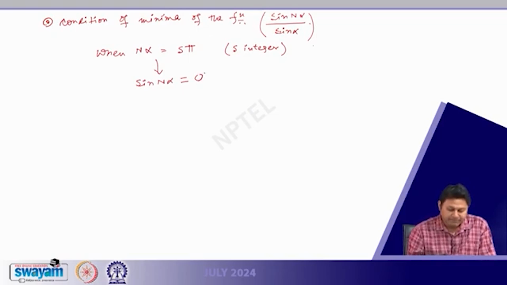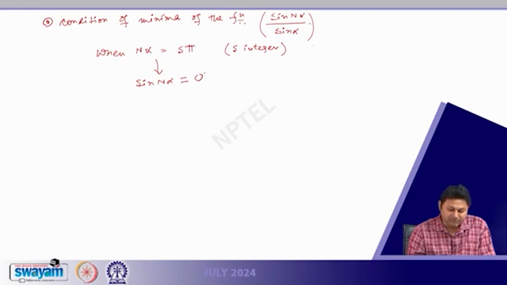Why? Because as soon as s is such that it is a multiple of n, then alpha is an integer multiple of pi, and then the denominator should have an issue. The denominator will be 0.